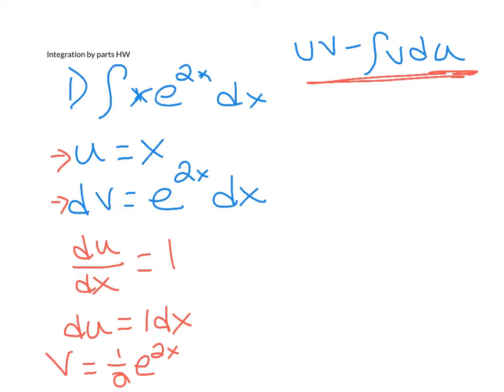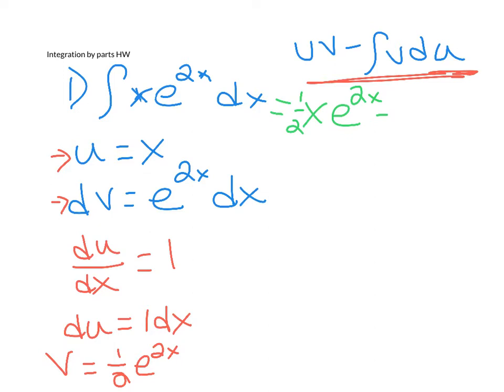So I know that this thing now equals uv. I take my u times v, and I'm going to put that 1/2 out front, and e to the 2x. So that's uv, minus the integration of v du.